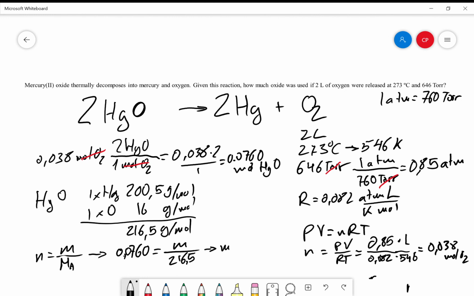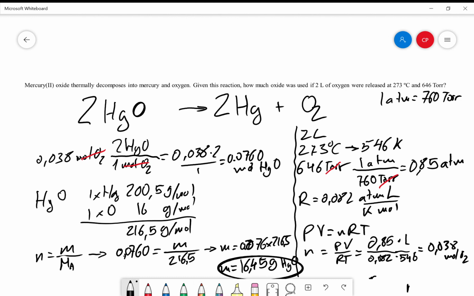Therefore, the mass will be equal to 0.076 by 216.5. Therefore, the mass will be 16.45 grams of mercury oxide. And this is our result at the end of the problem.